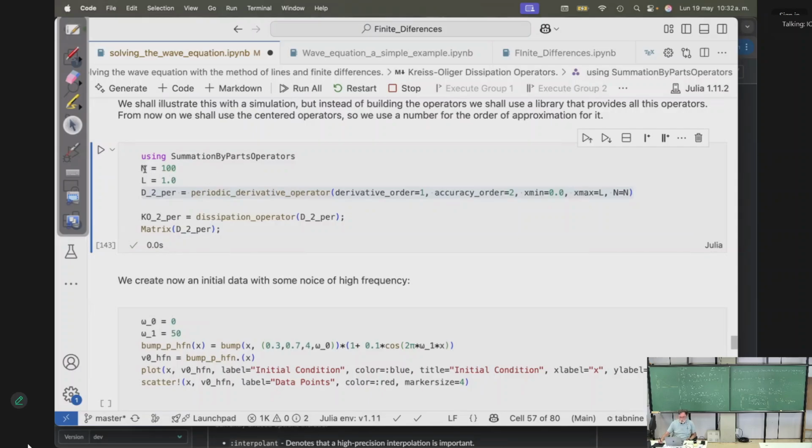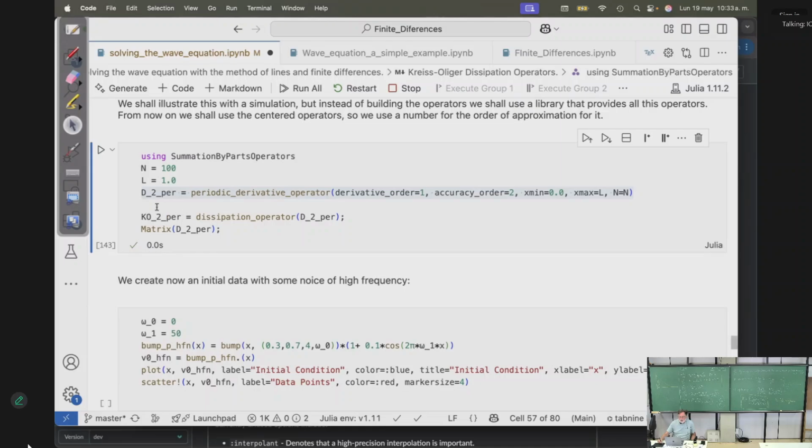So we are having n equal to 100, l equal to 1 as before, and this is a second order operator, the center difference, and I'm going to call it 2 periodic here, to distinguish it from the other one we made, which is the same, but in these libraries I'll put another name. So it's a first derivative, that's the order of the derivative. The accuracy is second order, it's between 0 and L, and has n points, and is periodic.